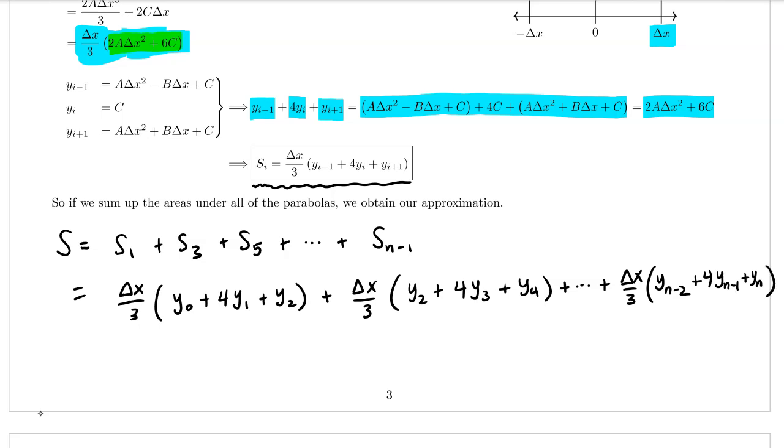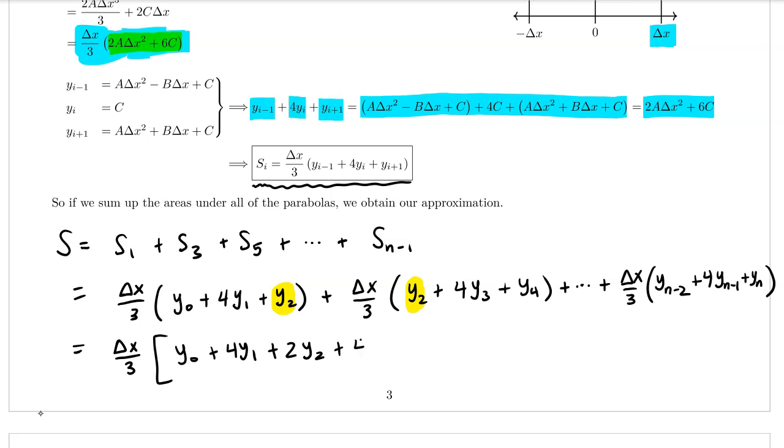And notice again, kind of like last time when we were doing the trapezoidal rule, these all have a delta x over 3, and so we could factor that out. And then what's going to happen is we have y sub 0 plus 4 y sub 1, and then I have a y sub 2 plus a y sub 2, so there's going to be 2 of those.